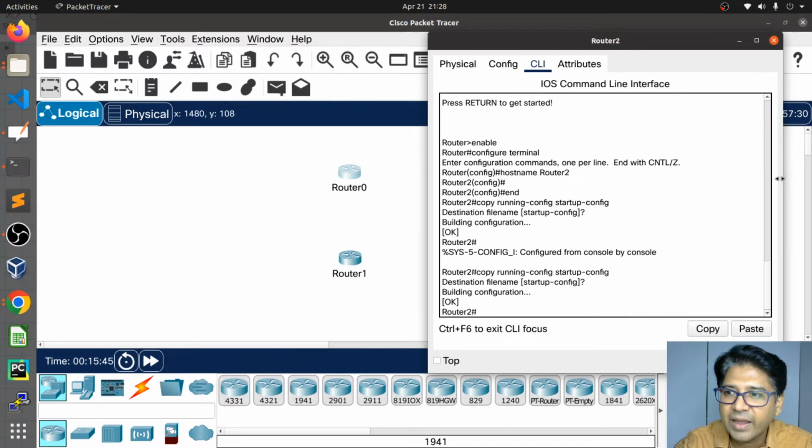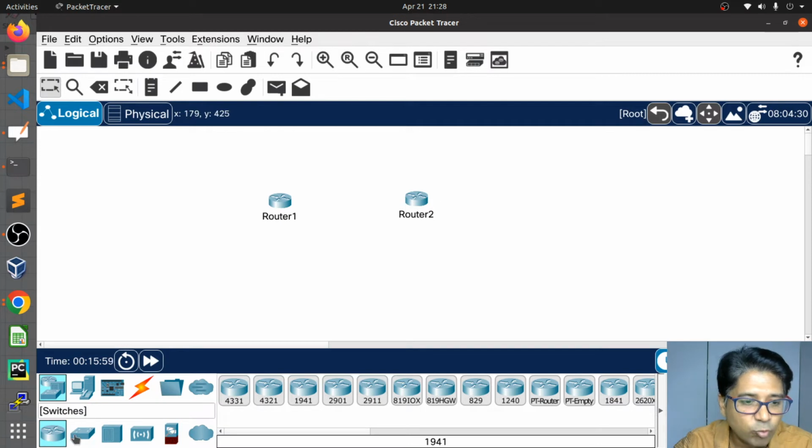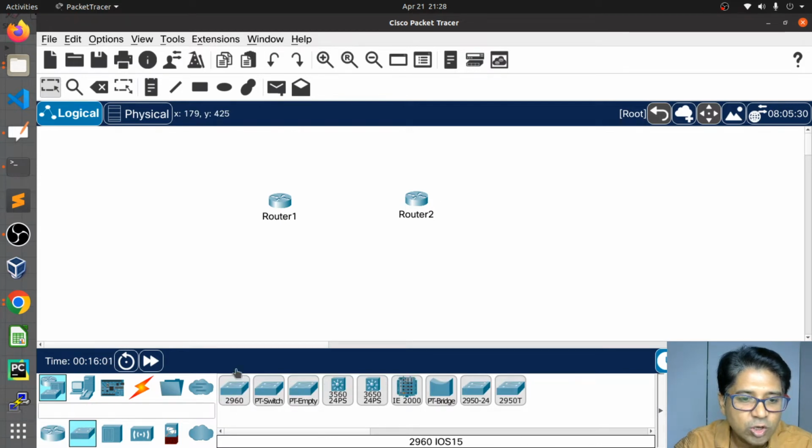I'm in CLI now. This router is R2, this router is R1. I'm going to arrange them like this so that you understand. I'm going to create the LAN, so I'm going to use a switch. I took the 2960 model of switch, and the same way on this side.